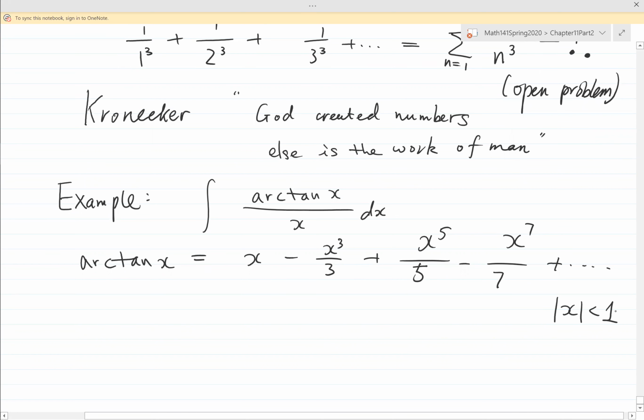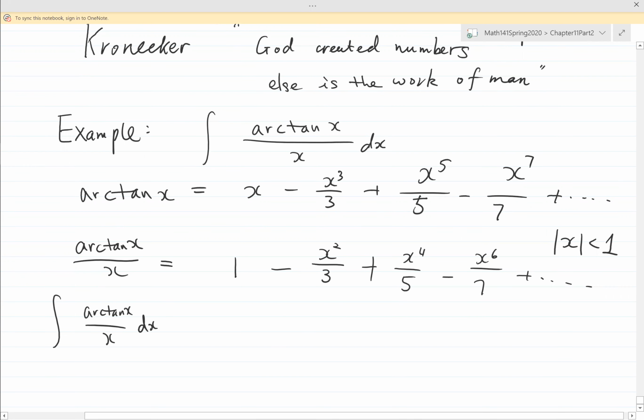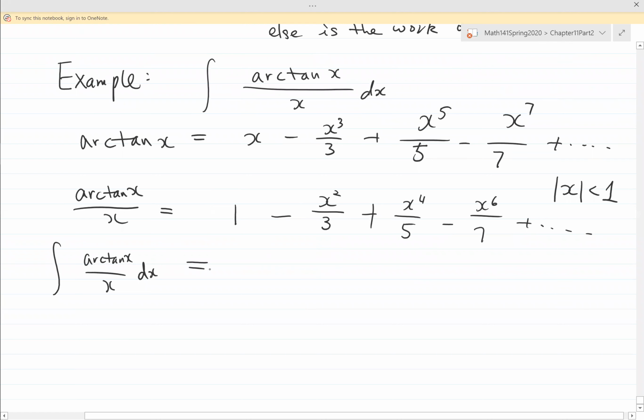Now we integrate. So for arctan x over x, we divide by x. This will be 1 minus x squared over 3 plus x to the 4 over 5 minus x to the 6 over 7, etc. Now integrate both sides. We integrate the right side termwise.